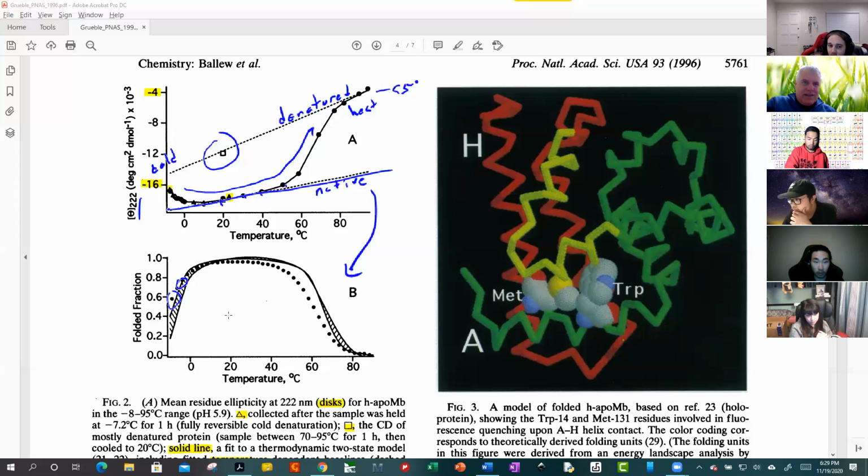Right. So we're out of equilibrium, because we've just instantly heated it and we have not given the protein time to equilibrate to that new temperature, or to accommodate that new temperature, right?